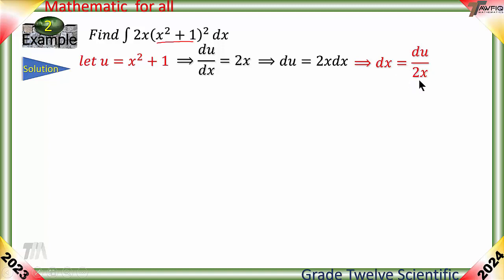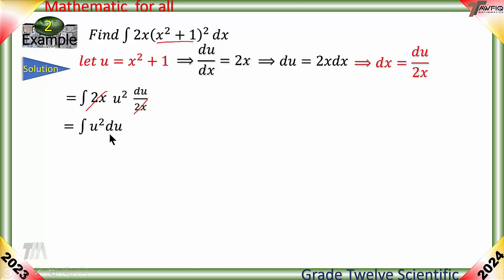Because we have here 2x with the dx, we don't need to find the value of x. And now substitute the value of u and the value of dx. So the integration becomes 2x, and in place of x squared plus 1 substitute u, so it becomes u squared.